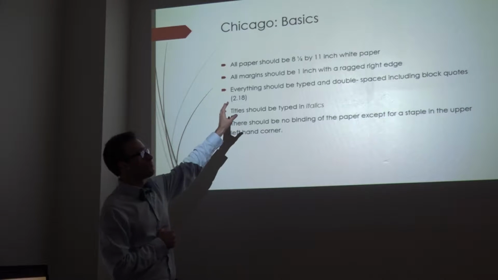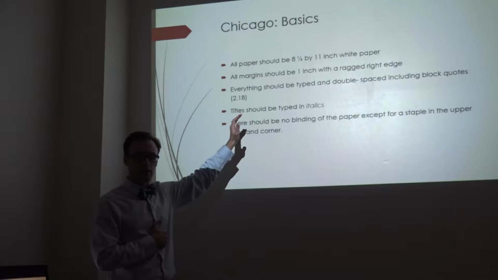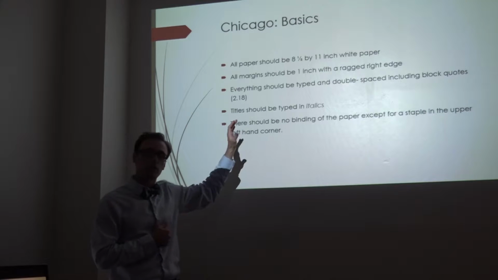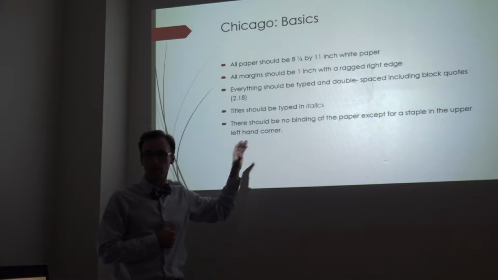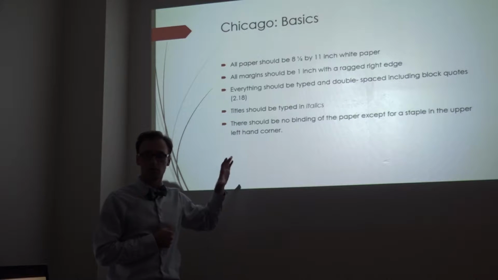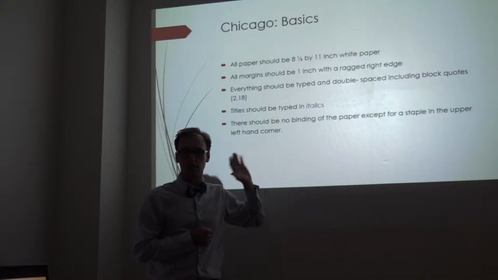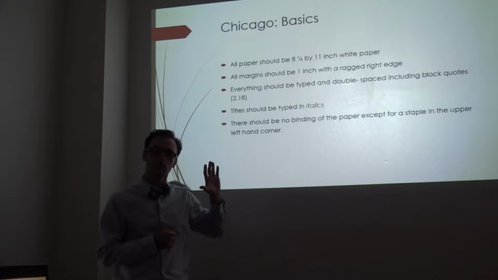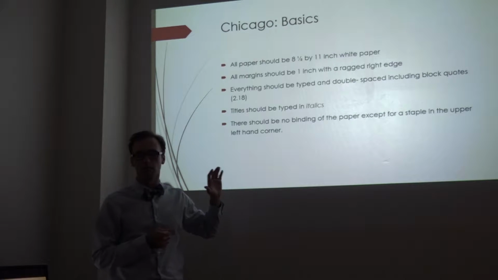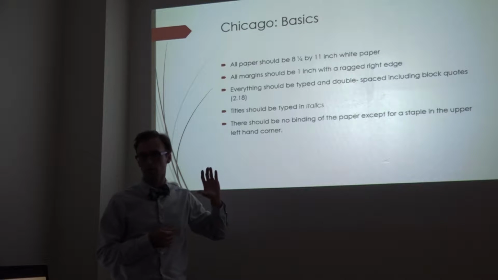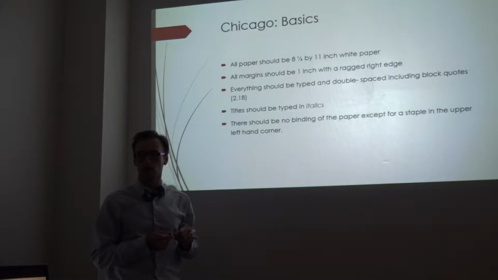Chicago, with block quotes, I think is single space, but with the Dissertation Manual, everything is double spaced. So if you do a block quote, make sure it's double spaced. So everything, table of contents, those sorts of things, even the abstract, all those documents, double spaced.